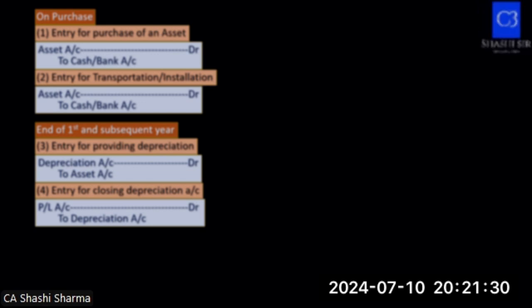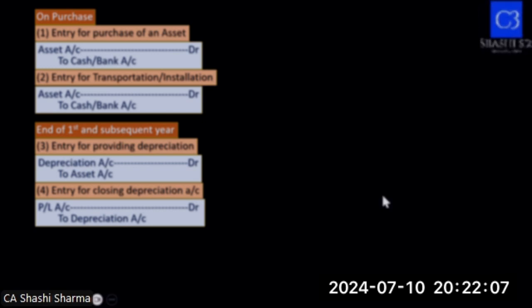Depreciation does not involve any cash outflow like salary, commission, rent, etc. Even then, depreciation needs to be recorded in your books of account. So after passing the entry for depreciation, this entry will be passed at the end of the year on 31st March. Both the entries will be passed on 31st March.